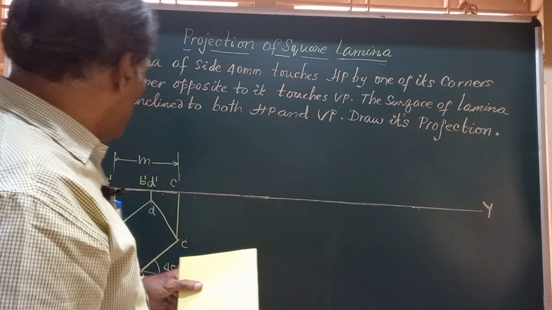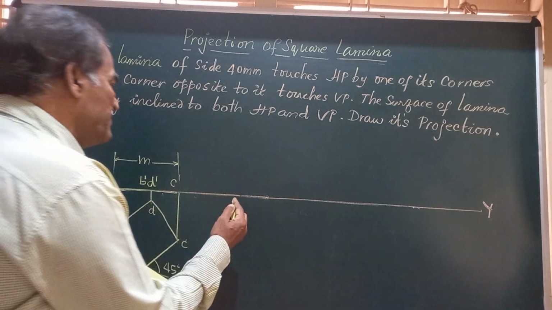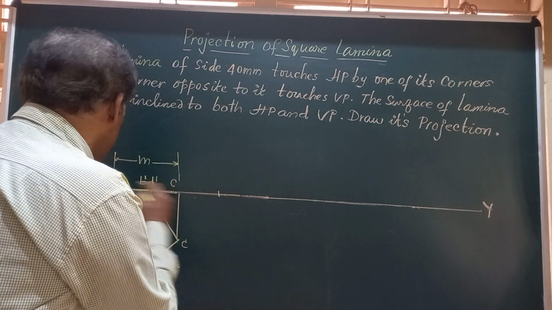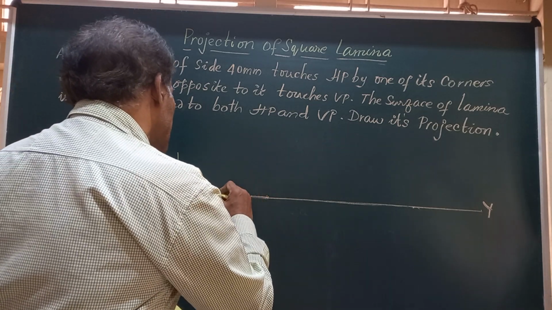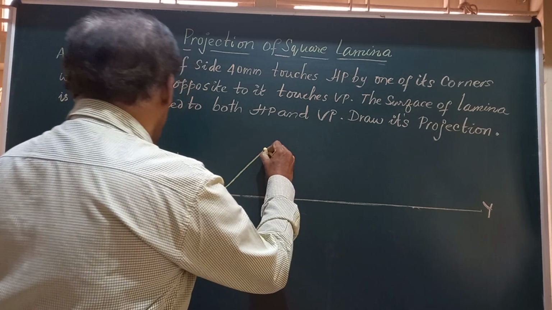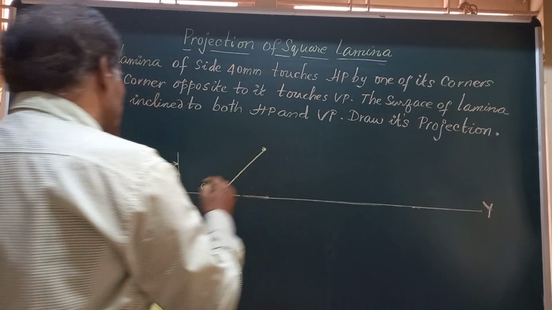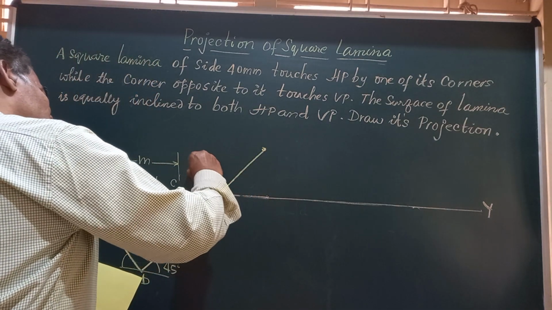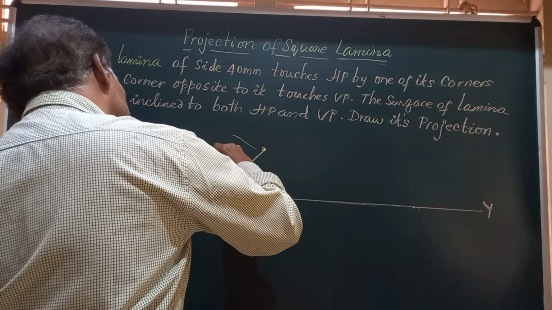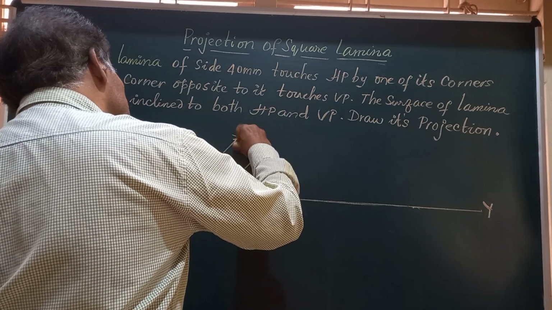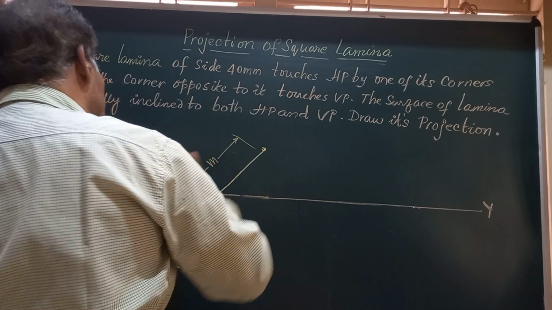Friends, what we do now, we have the surface of the lamina. I just represent this point here, A dash, and draw a line here of length equal to this M. So M is nothing but the length of the diagonal. And remember friends, these two lengths will always be the same in all the laminae.